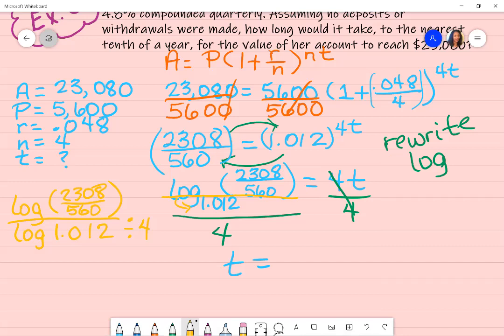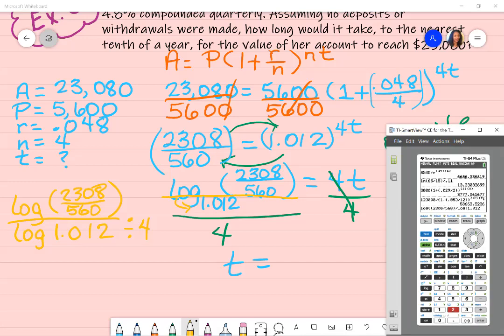Whatever that answer is, I'm going to divide that by 4. And I did something wrong. What did I do wrong? I know what I did wrong. Okay, so let's try that again.